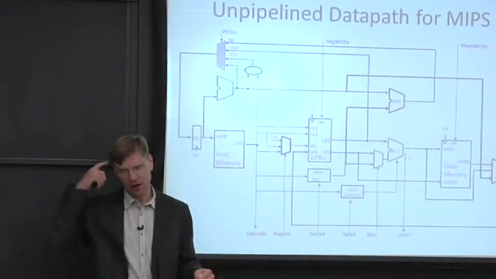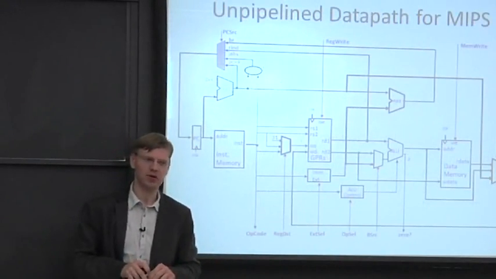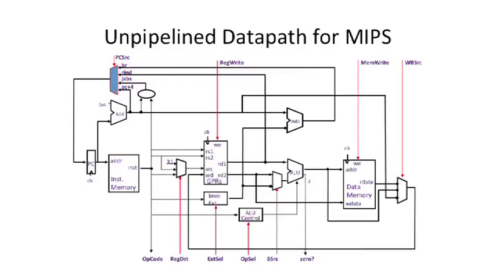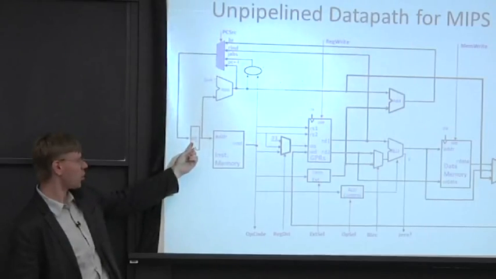So let's go one step beyond our micro-coded processor design and look at an unpipelined data path for the MIPS instruction set. This is going to be similar to, if you've already taken a computer organization class, what you've probably seen in unpipelined data paths. In our unpipelined data path, we start with the program counter here.